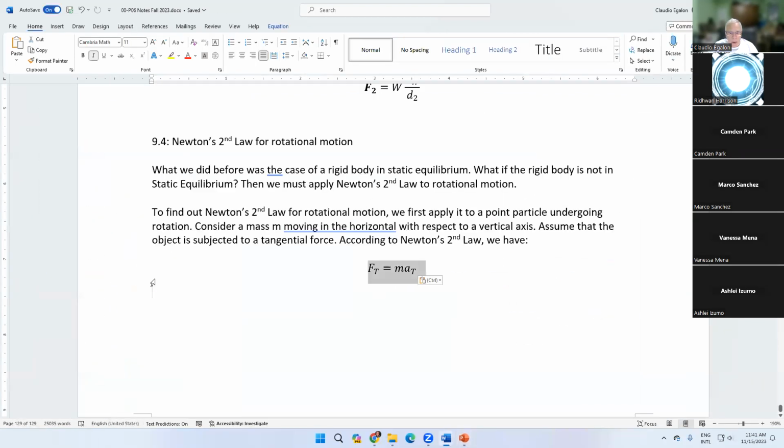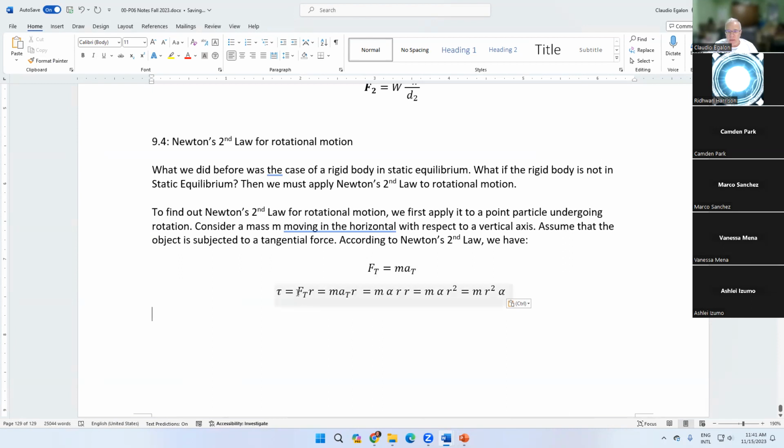And then we can write the equation for each of those little point masses as being force, tangential force in that little mass, is equal to mass times acceleration. Okay. And now we also have to look at the torque applied to each one of those point masses.